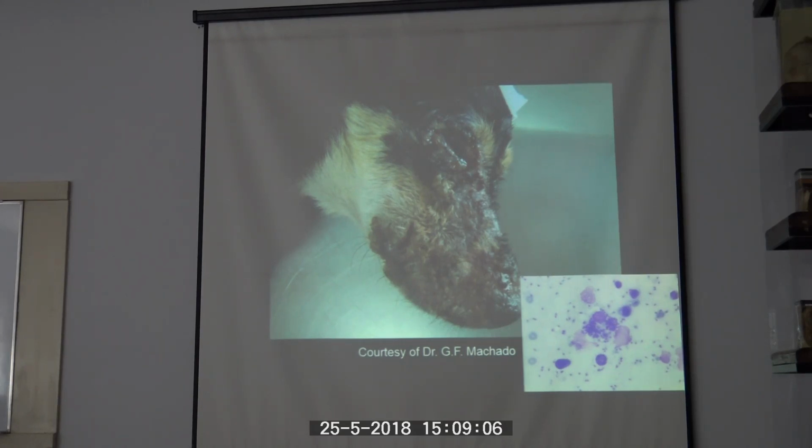This is a dog that comes from the state of São Paulo, where one interesting aspect was that only the dogs that seemed to have these eyelid lesions due to leishmania also seemed to develop ocular lesions per se due to leishmania.